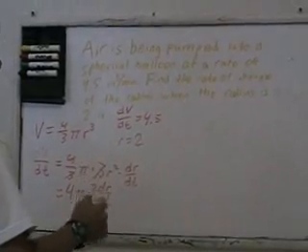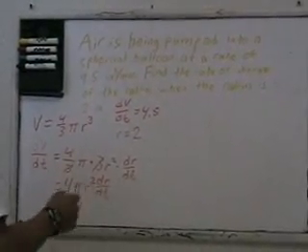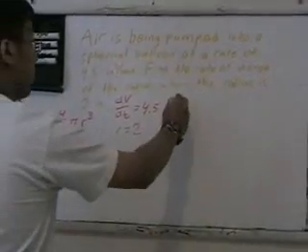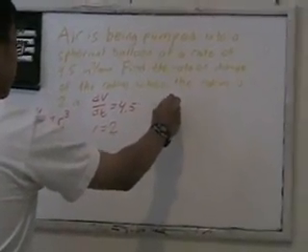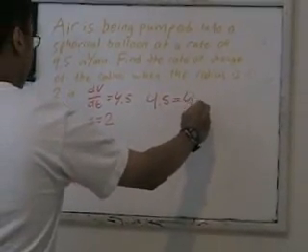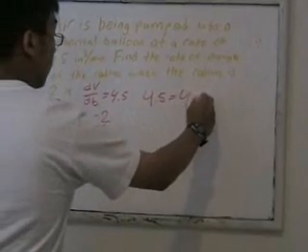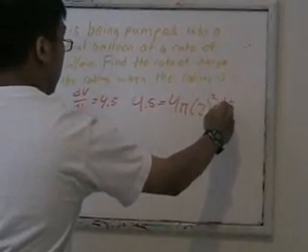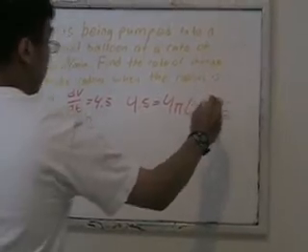Now that we've got our givens, we can simply plug them into the differential equation we got. So, dV/dt, 4.5, is equal to 4 pi r squared, 2 squared, dr/dt.